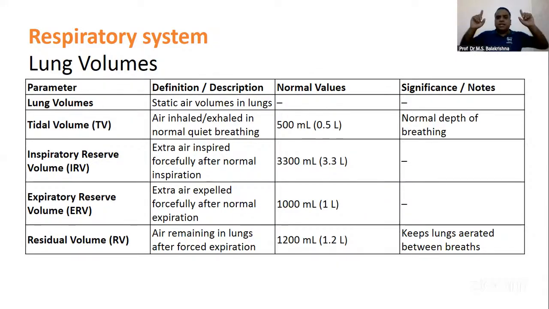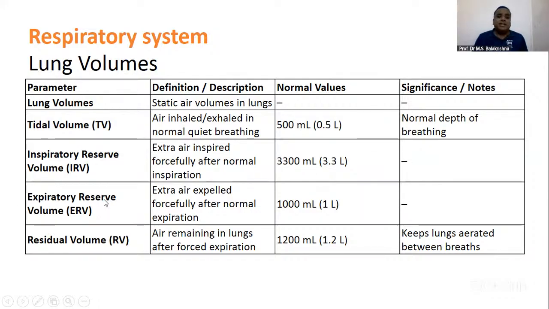I breathe in normally, I am not exhaling, and then with full force I breathe in again. Maximum air, how much I can take in. That is inspiratory reserve volume, and that is up to 3.3 liters or 3,300 ml.